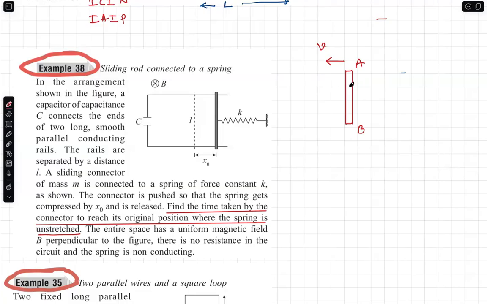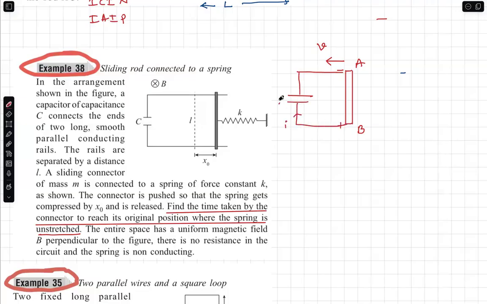This is an inward magnetic field. What we need to use is the right hand. Inward, thumb leftwards, central finger downwards. Means this will be minus and this will be plus. And this is charging the capacitor, by the way.